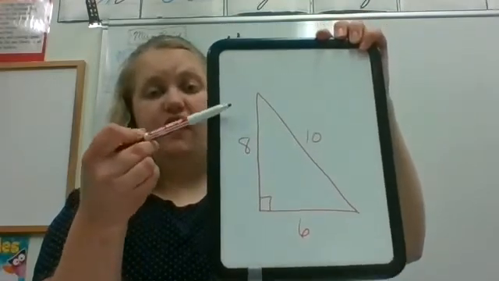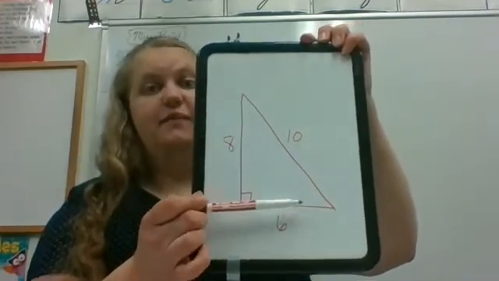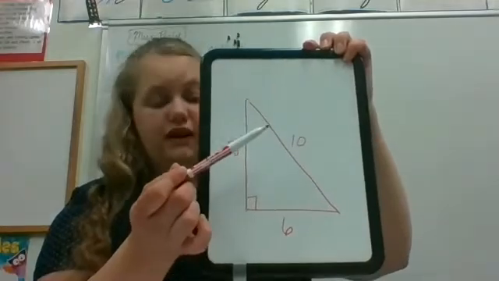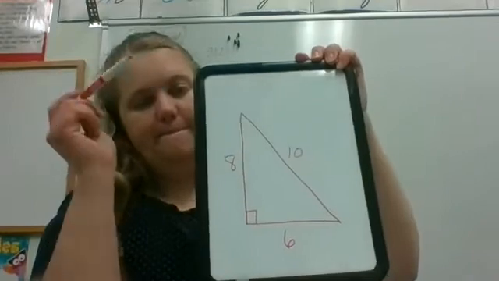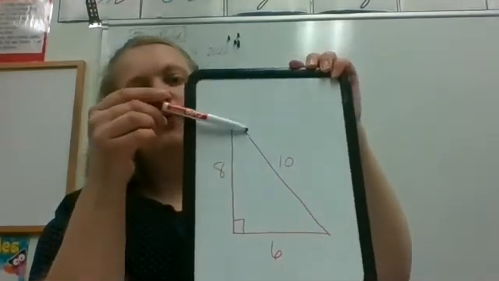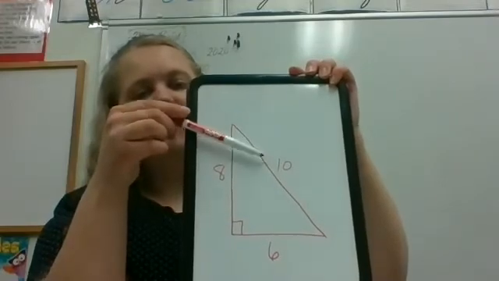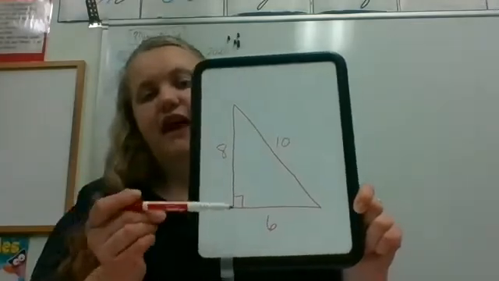It's this upwards. This is your height. This is your base. The base is the bottom of the triangle, okay? When we're doing area, we don't worry about the third side, the longest side. We just do the height and the base.